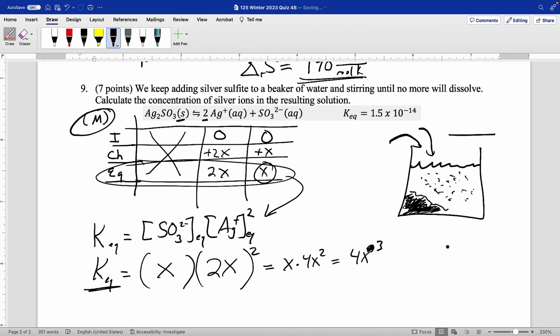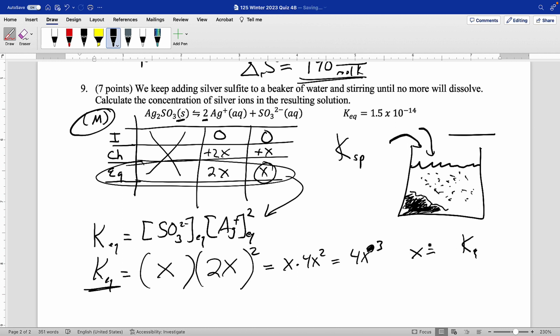So now we have an equation with only one unknown, so we can solve it. We can say x is equal to K equilibrium. Because this is a salt solubility problem, this is often written as Ksp, which means solubility product. It's just a variant of equilibrium. It's a subset of equilibrium. It's equilibrium when you're talking about dissolving a salt, but it's just another equilibrium constant.